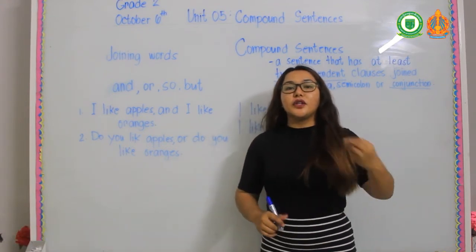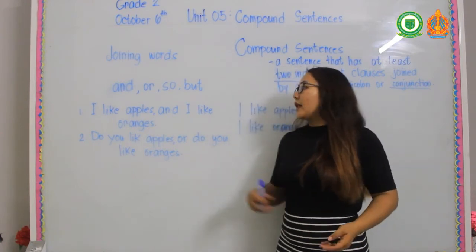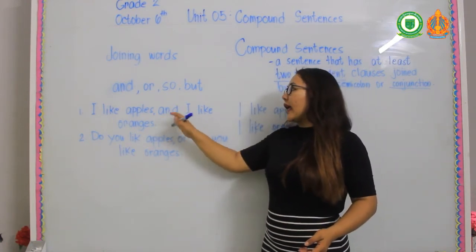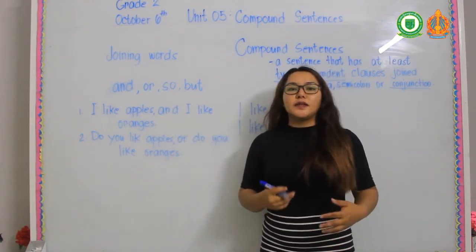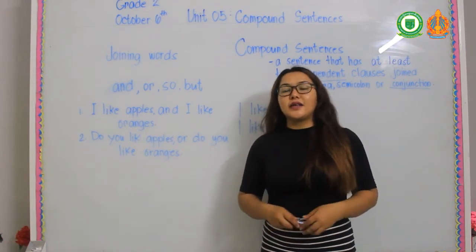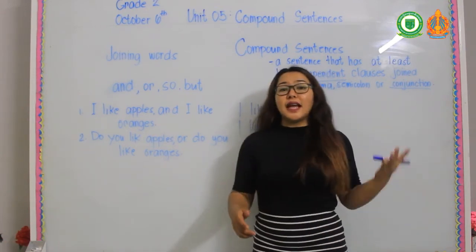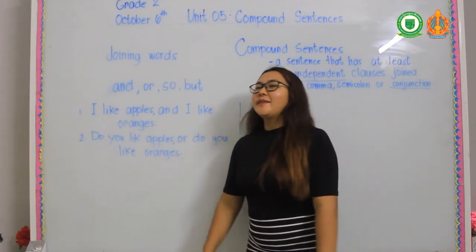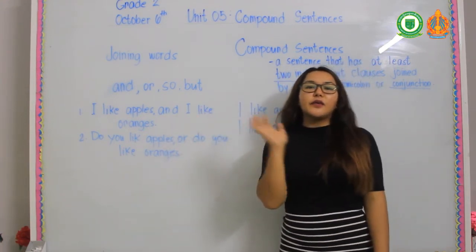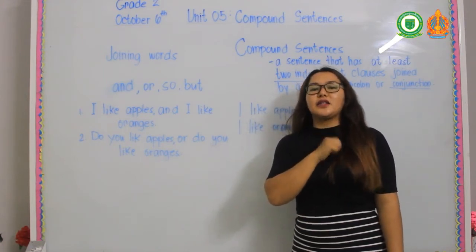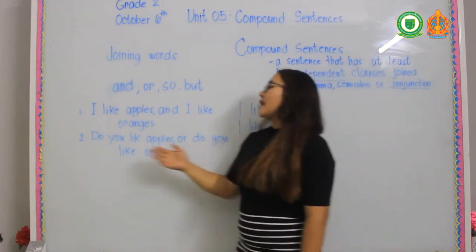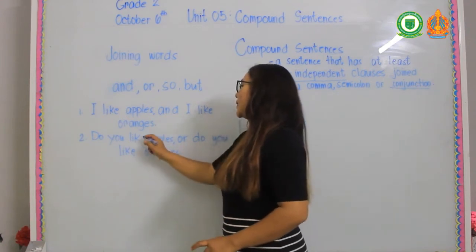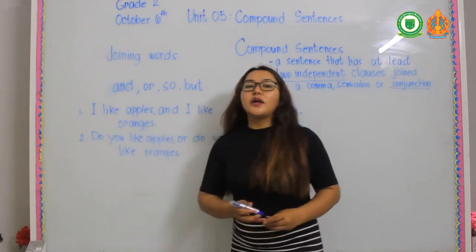It's the same thing that you want to tell someone, but it looks better with the help of joining words. It will just become one sentence. So you can say, I like apples and I like oranges. Sounds better, right? But either way, everyone, it's still correct. So next, do you like apples or do you like oranges?